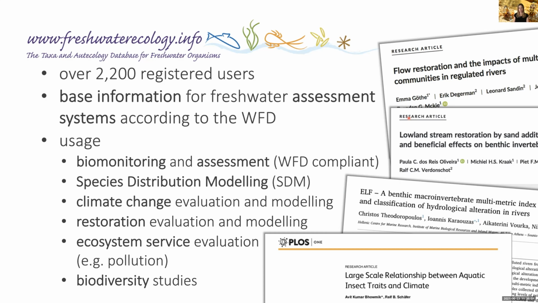But the data are also used for other purposes, for example for species distribution modeling or for climate change modeling and evaluation, restoration modeling, and so on. On the right-hand side, you can see just a few publications that were published using the data from freshwaterecology.info.